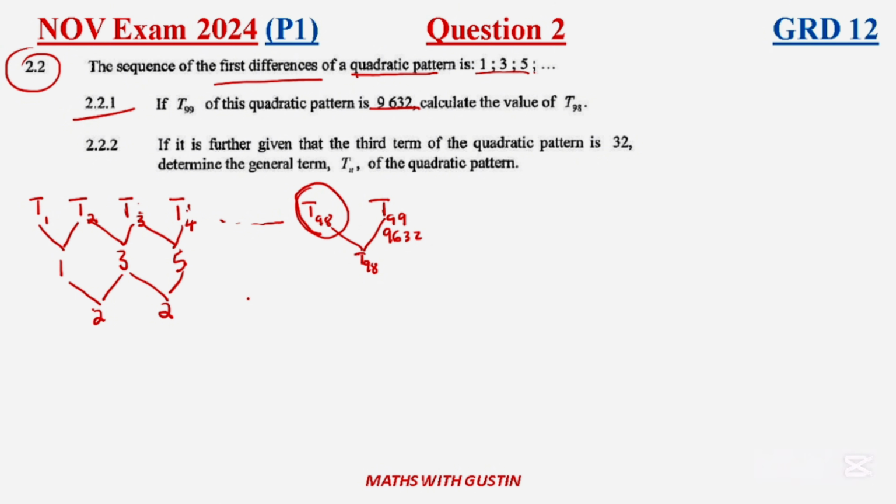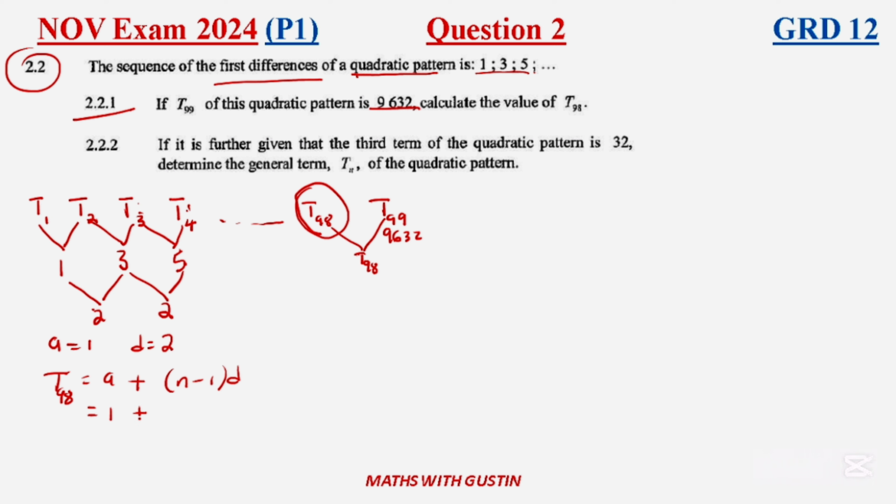It means here now what you can do, you can go and find the formula of arithmetic, because we know that a here is equal to 1 and then the difference there is equal to 2. So therefore T98, when you have to find this term here of arithmetic sequence, is going to be given by, you're going to use this formula here.